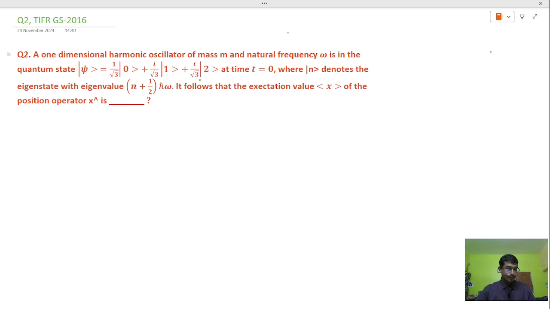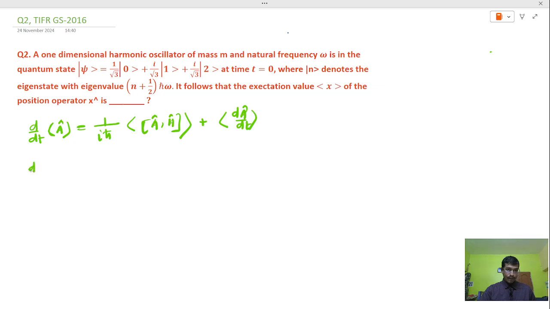First of all, for the time evolution of an expectation value, we have the formula: d by dt of some observable A expectation is 1 by i H cross, expectation of the commutator of A and H, plus the expectation of dA by dt.